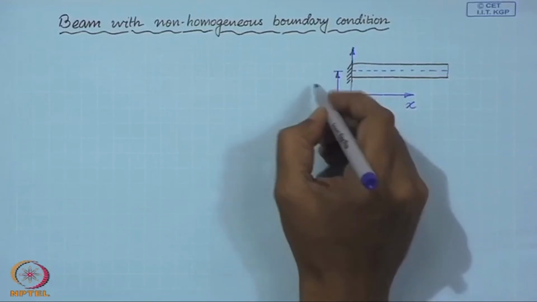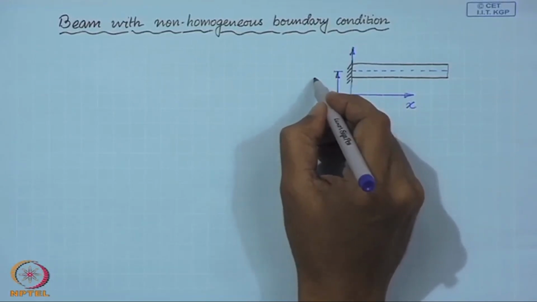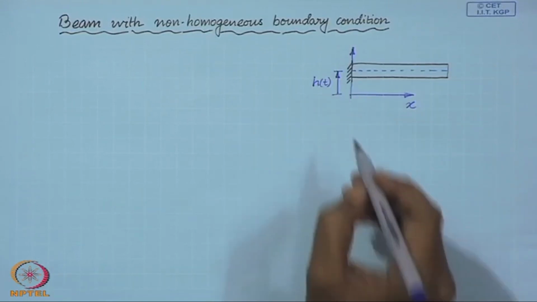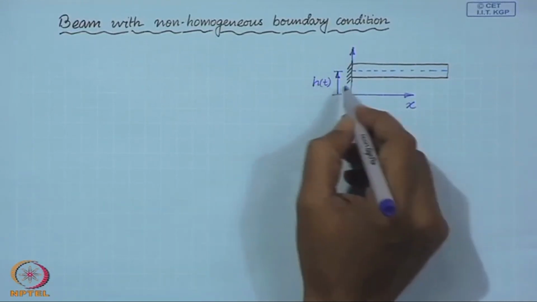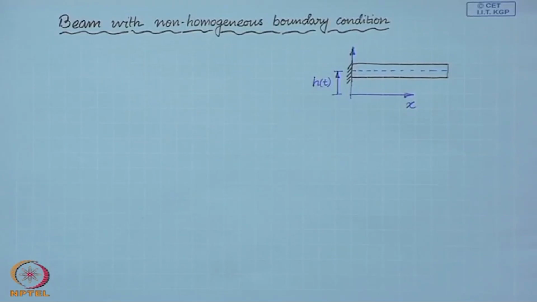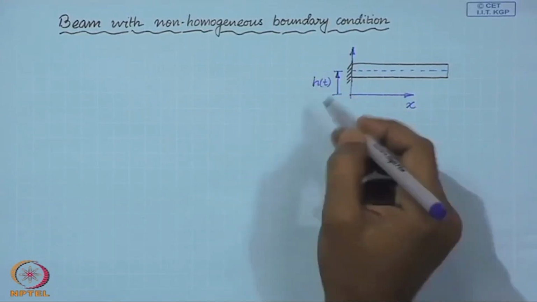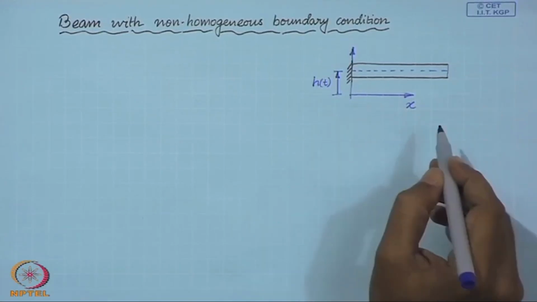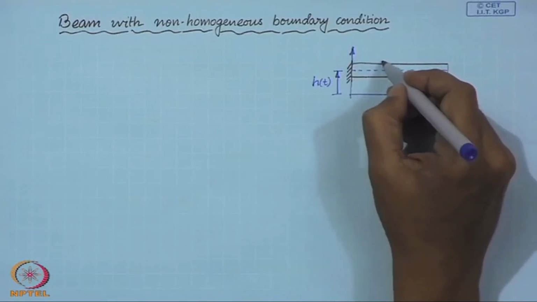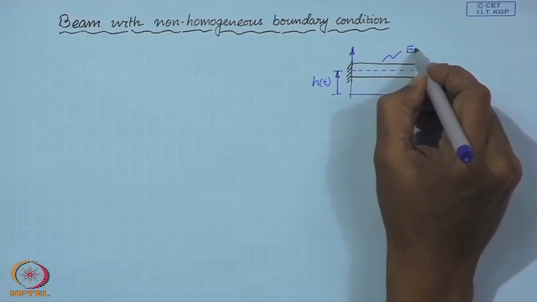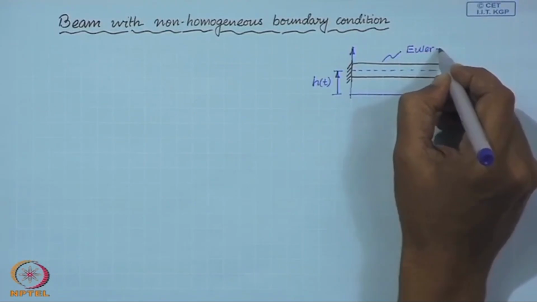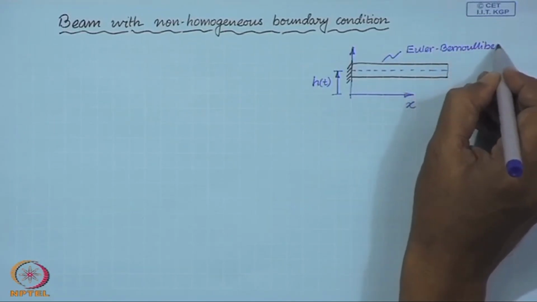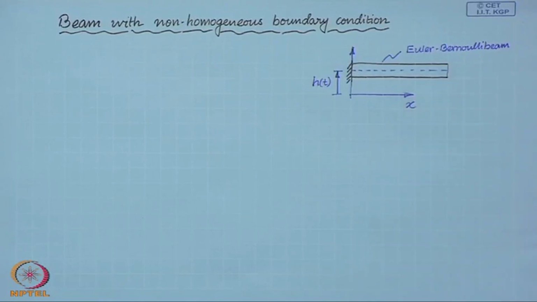So, we can consider that this motion of the base is given by h of t. So, this is a time varying function which is specified, let us say, and we will consider that this is an Euler-Bernoulli beam.